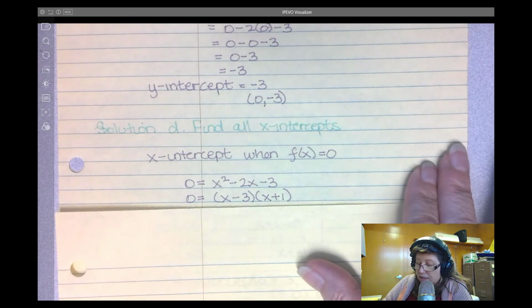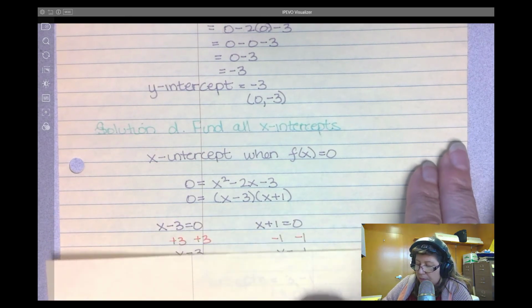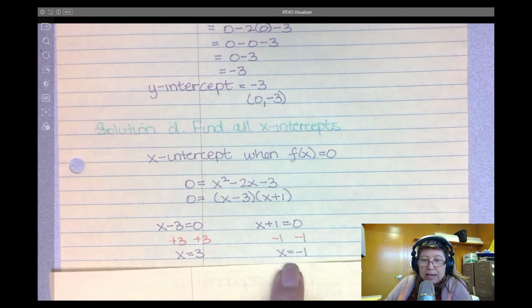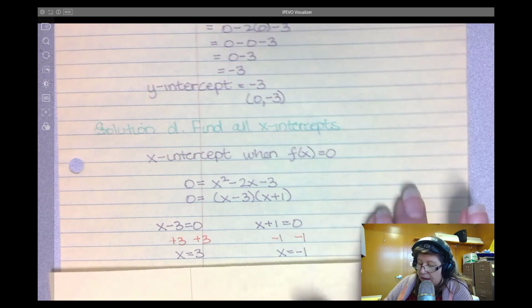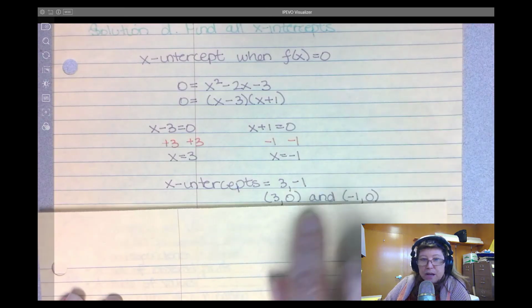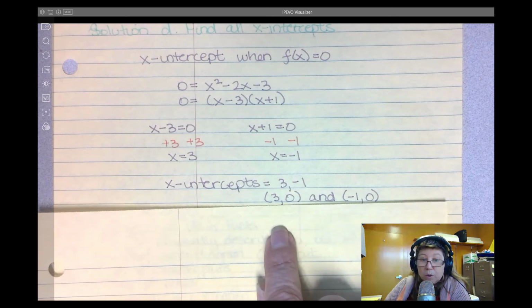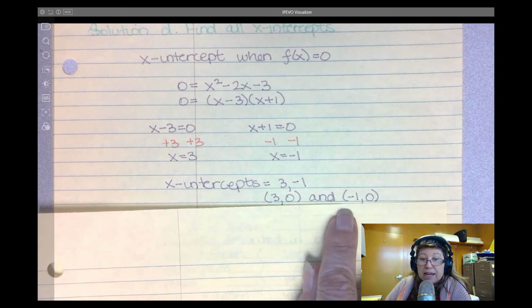Using zero factor property, I'm going to break those apart and solve each one of them. So adding 3, we get x equals 3. Subtracting 1, I get x equals negative 1. And therefore my x-intercepts are 3 and negative 1, or we put them in point format and say (3, 0) and (-1, 0).